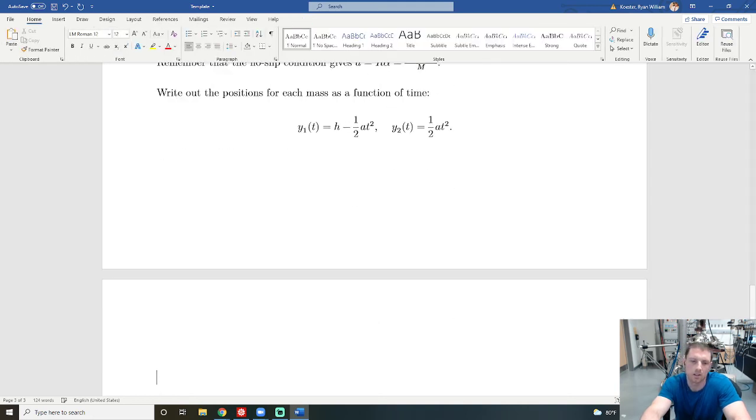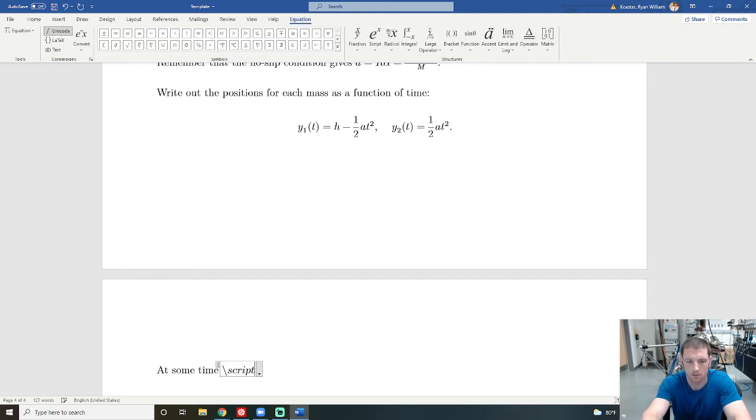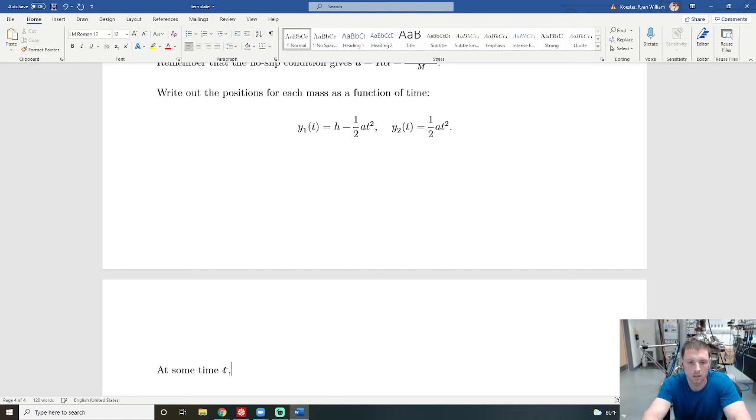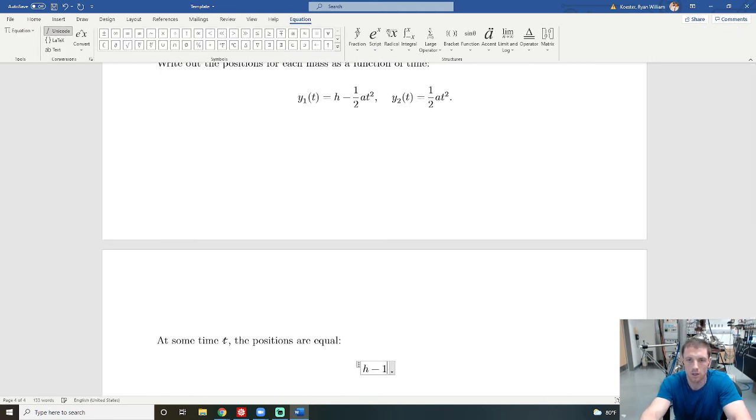So the last thing to do is just to say, well, at some time, fancy t, the positions are equal. The y positions are equal. And so we just say h minus 1/2 a fancy t squared equals 1/2 a fancy t squared.